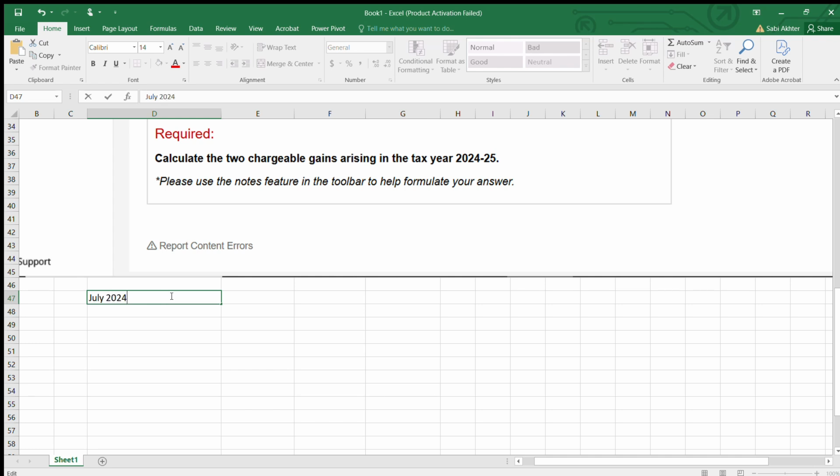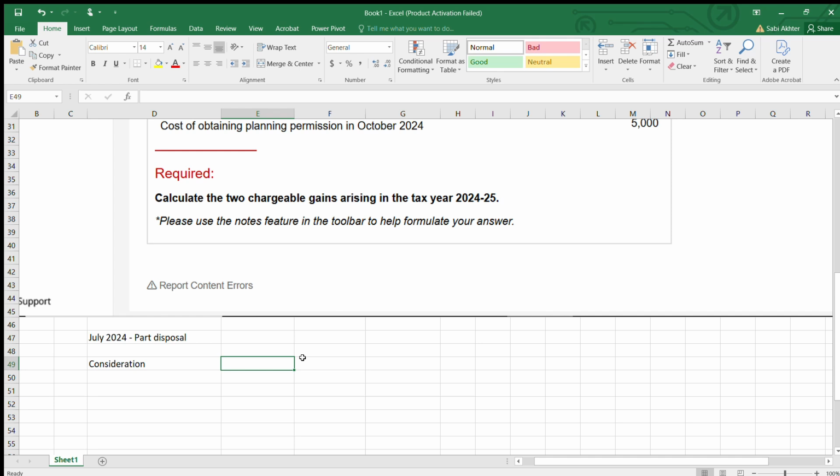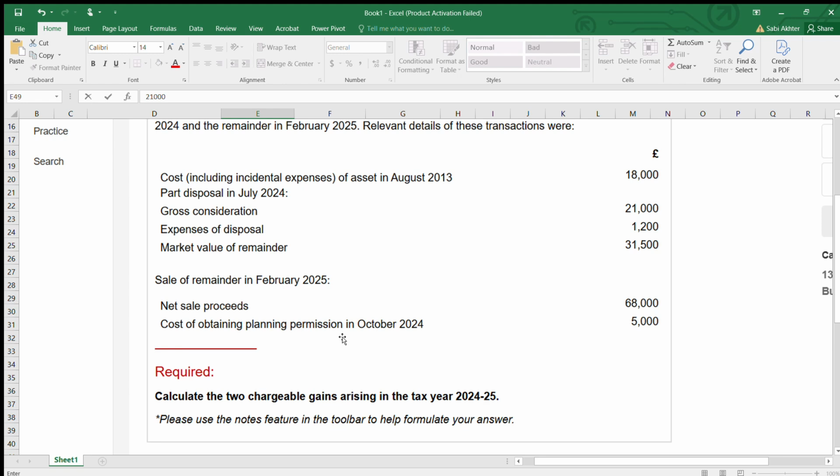Now this time it was a part disposal. So first is the consideration. It was 21,000. Then we deduct the expenses. Expenses were 1,200.